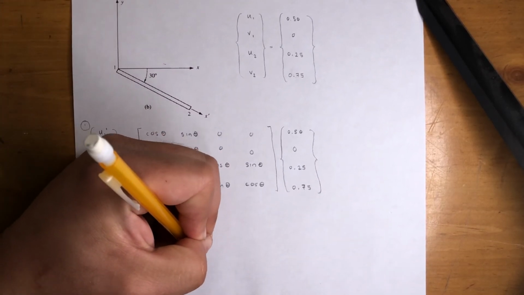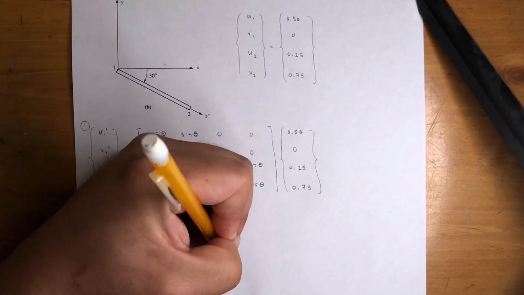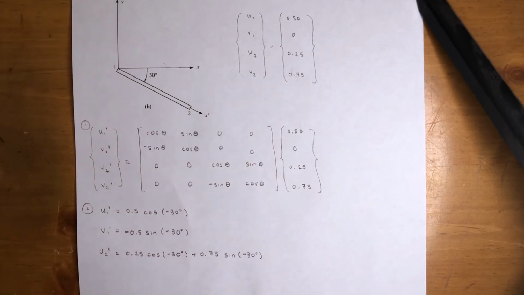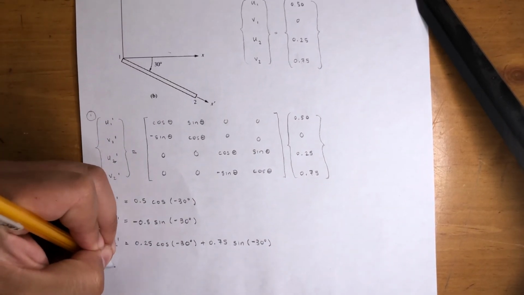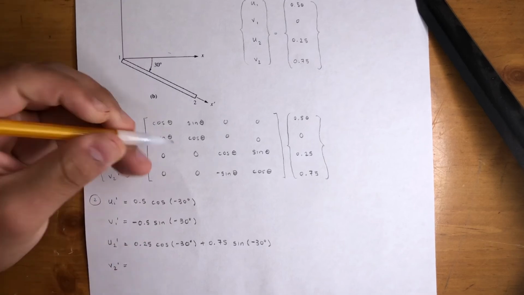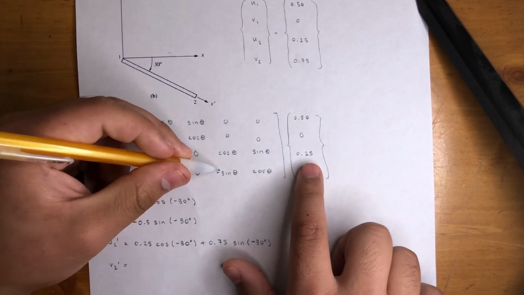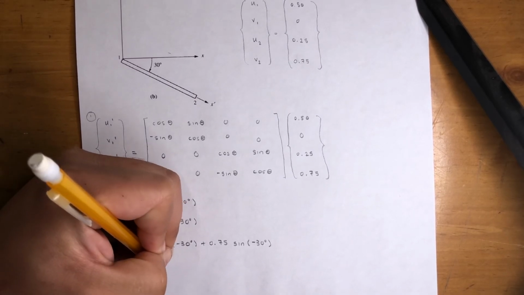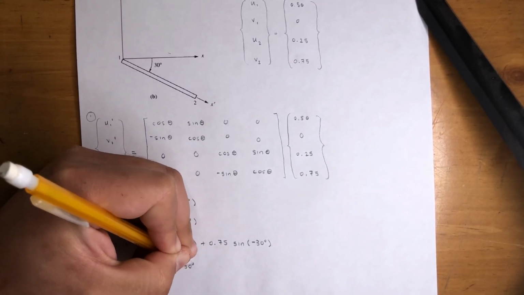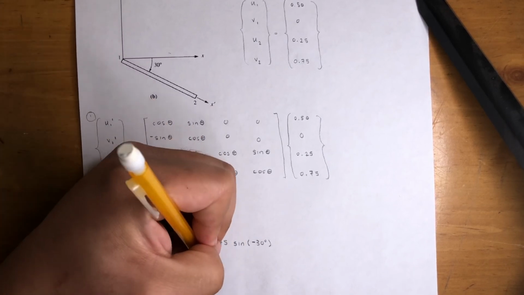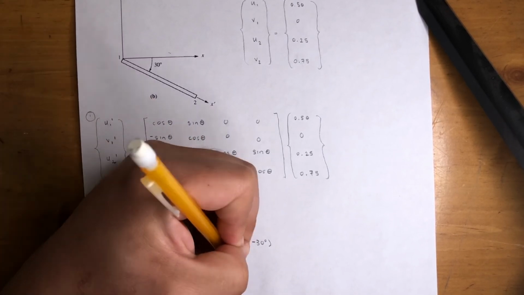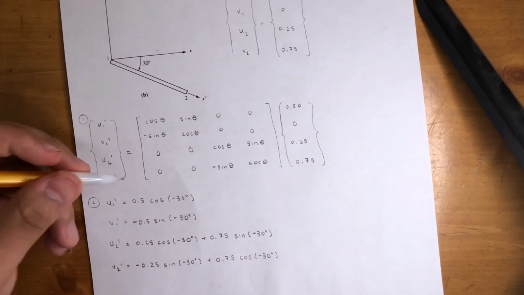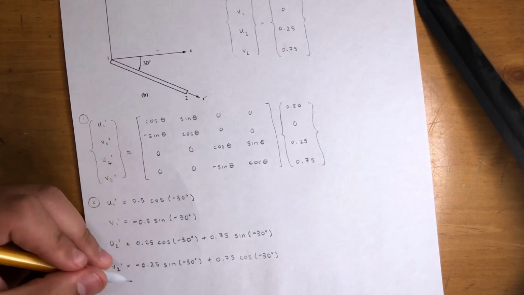So it's plus 0.75 sine of negative 30 degrees. And that's it for that one. Finally, V2 prime is equal to 0, 0. So it's negative sine times 0.25. So it's negative 0.25 sine of negative 30 plus 0.75 cosine of negative 30. And that's it. There's no unknowns, so we could just solve for every single variable.